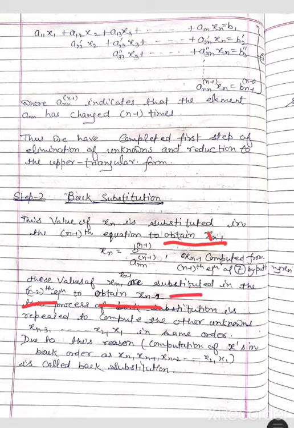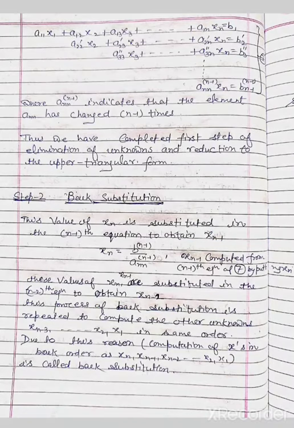In a similar manner we substitute the values of xn minus 1 and xn minus 2 into equation n minus 3, which gives the value of xn minus 3.